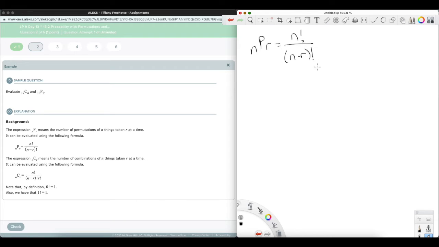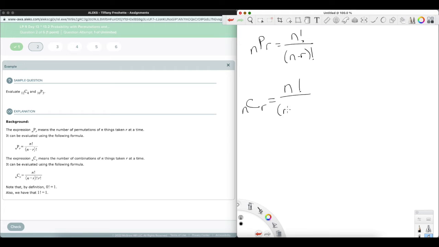So these are permutations, and permutations are when the order does not matter. So how the event happens, how things are taken, is not going to change the outcome. A combination, which is what the C represents, this does matter. The order does change things.